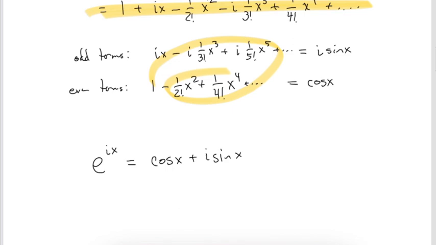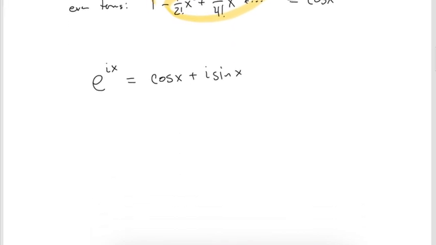This is referred to as Euler's formula, and there's a simpler version of this. What if I plug in x equals pi? The left side says e to the power i times pi, and the right side says cosine of pi plus i times sine of pi. And the sine of pi is 0, right?